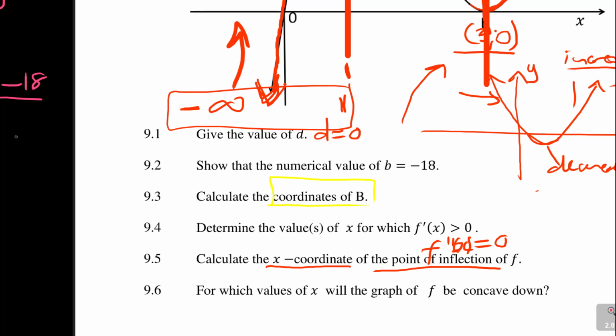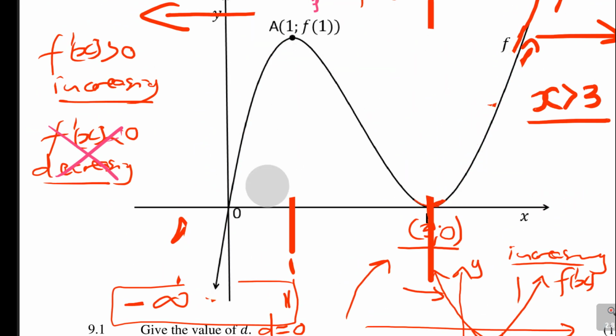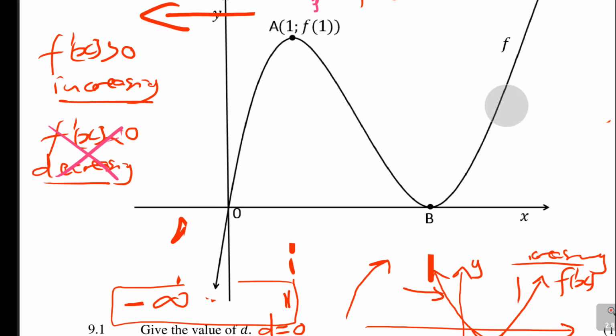Okay, so now you need to understand also, let me come back to this question here. When they're talking about the point of inflection, what are they saying? They're saying it's the point where the graph is changing. It's an interchange between, if I can show you here, the graph going concave up, you see? It's up.